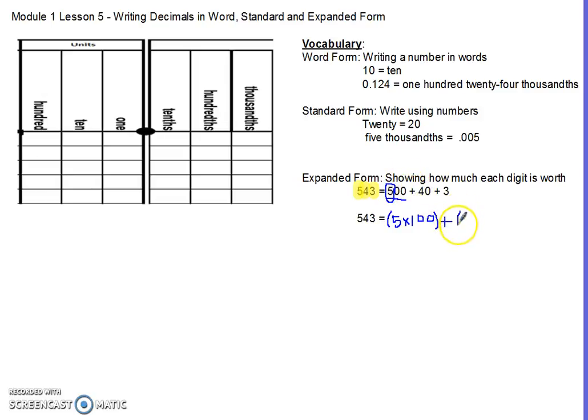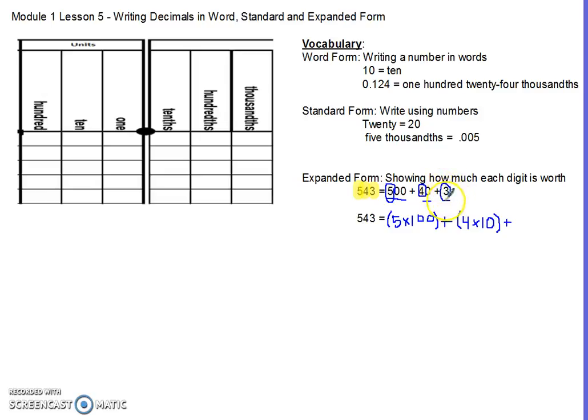Then I ask myself, how many copies of 10 do I have? And I have 4. So I would say that 4 copies of 10. And my final number is in the ones place value. So I'm asking myself, how many copies of 1 do I have?